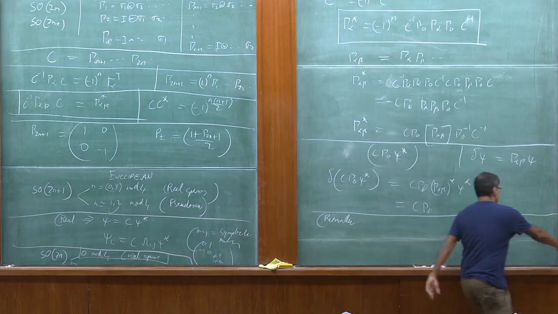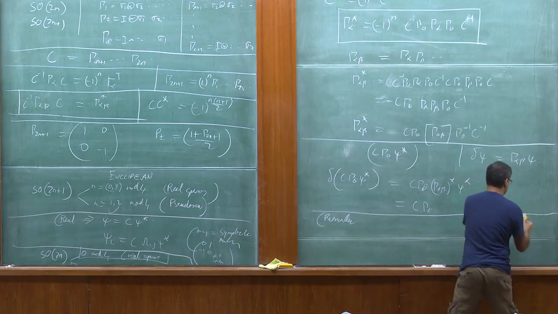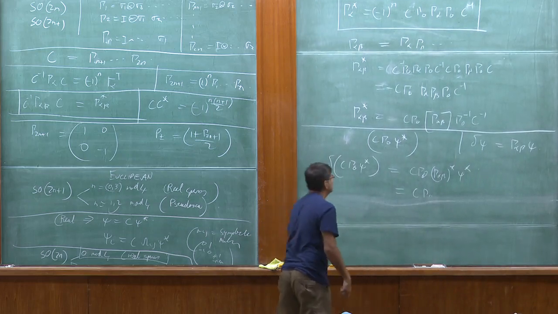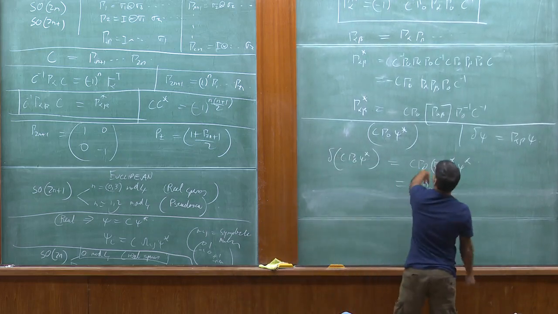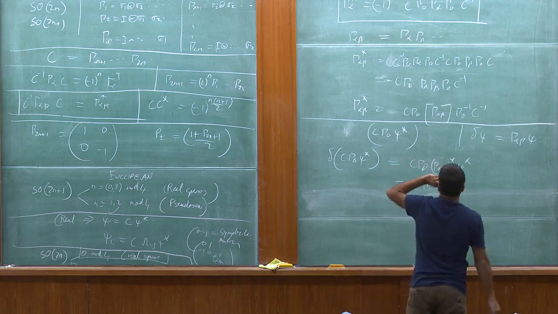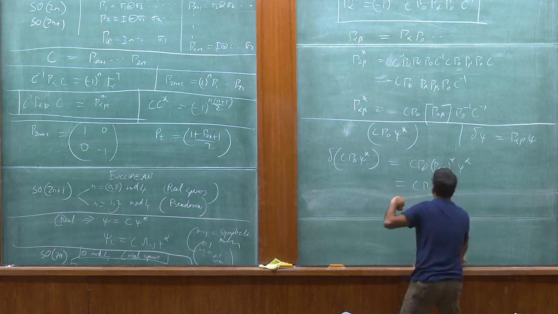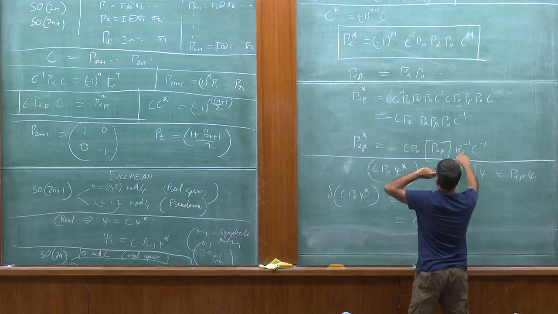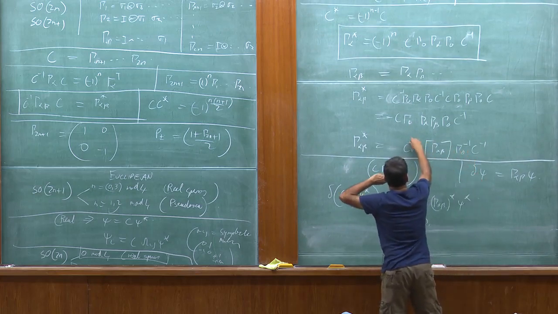Right. So now we don't need a reminder. Okay. So now we'll be good. So this gamma alpha star. Sorry. We had a C inverse here, right?